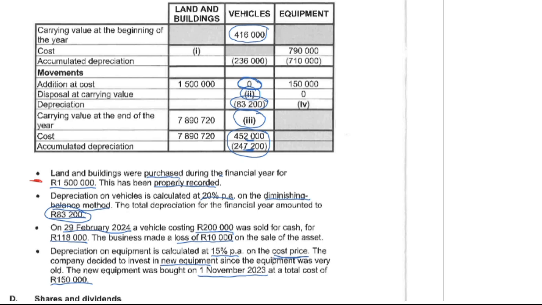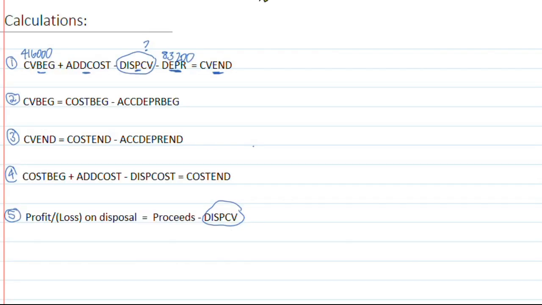Remember, equation 3 states that the carrying value at the end of the year is equal to the cost at the end of the year minus accumulated depreciation at the end of the year.